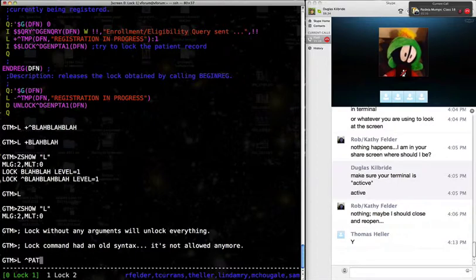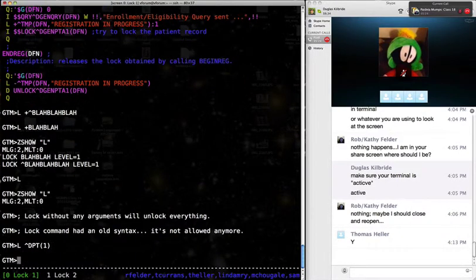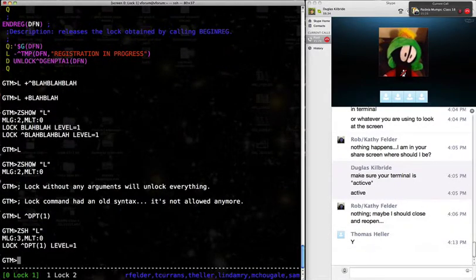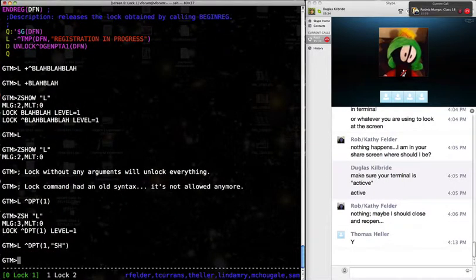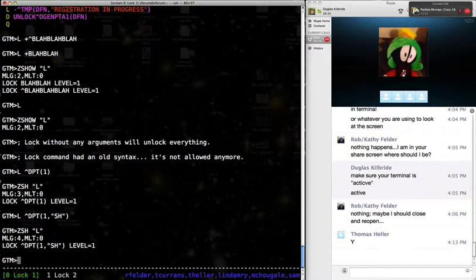So let's say I wanted to lock record 1 in the patient global. All right, let's look at our locks. Good. Let me say that I want to lock the SH node under the patient global. Let me do that. Oh, look at that. Did you notice something? It replaced it, exactly.